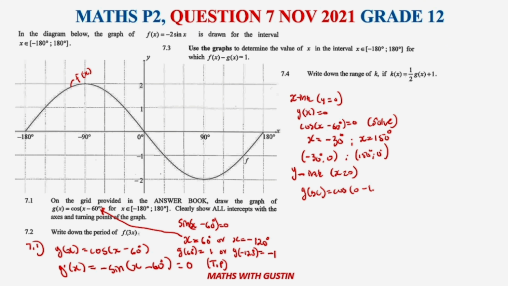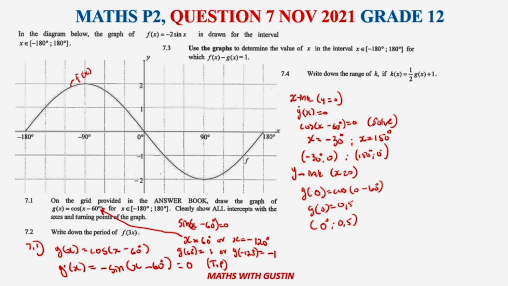I should put 0 for x. Therefore, we get 0.5, which is half. So our coordinates are going to be 0 at x and then 0.5 for y. We need to clearly show this on the graph and then draw it, showing all the intercepts. So now, having that in mind, with all the values that we have calculated, we can draw the graph.